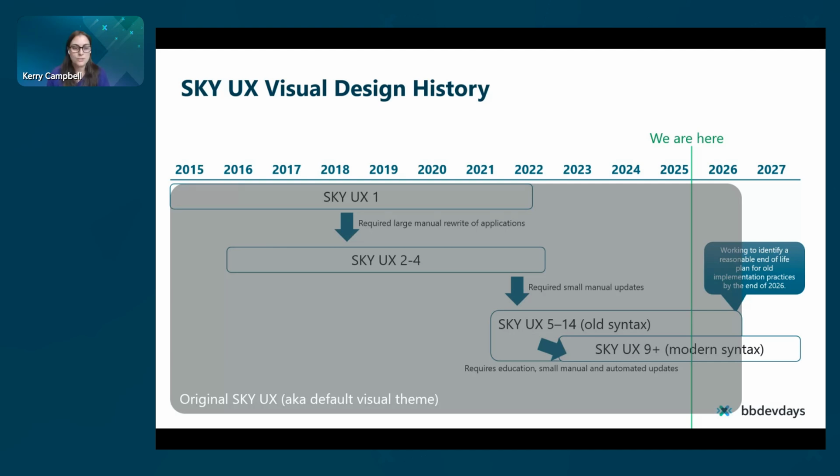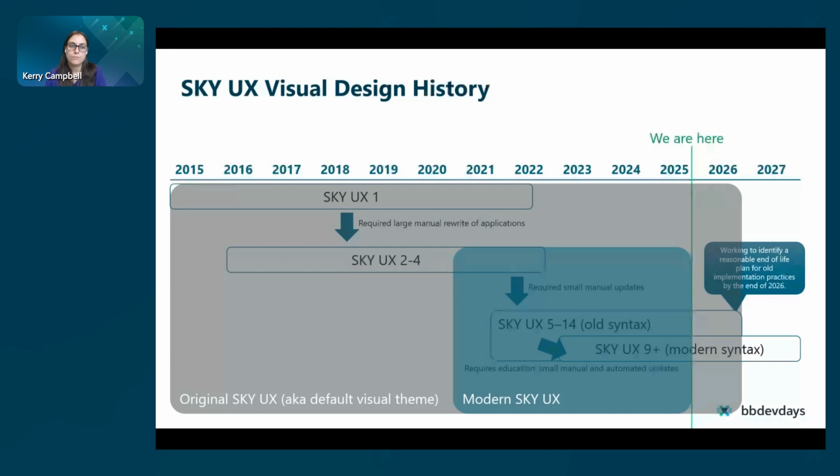Then to contrast, quite literally, is the modern visual theme. The modern SkyUX visual theme started to be iterated on within SkyUX 4 as part of an effort to update the visual design language. It was really focused initially on consumer-facing users, so not necessarily our back office users, but our more donation form type users.